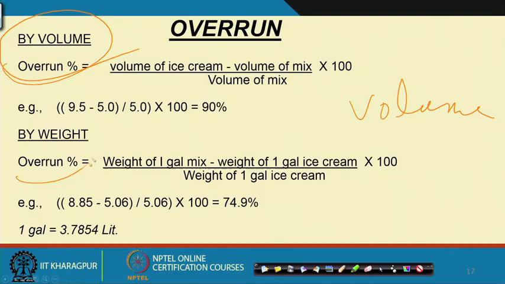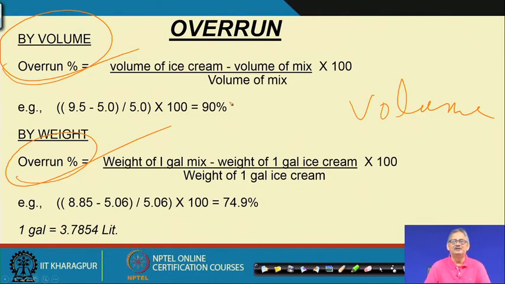You are telling it all in terms of volume, right, but not in terms of weight. That is why percent overrun by weight is less popular. Not only less, normally on the commercial shop floor it is not there at all; it is all percent overrun by volume.